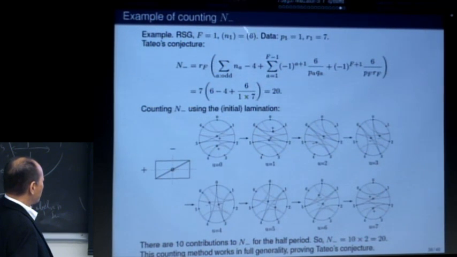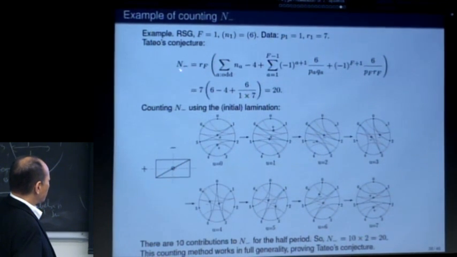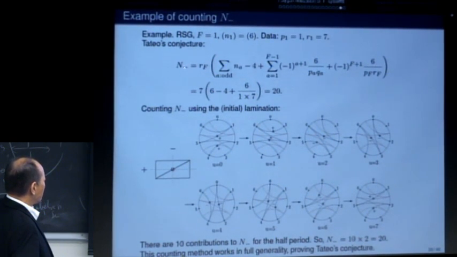This is a well-known example, but in this case, Tateo's conjecture tells me that the number is 20. I mean, the number of Y variables mutated during the period having a negative tropical sign is 20. And the lamination is the following.